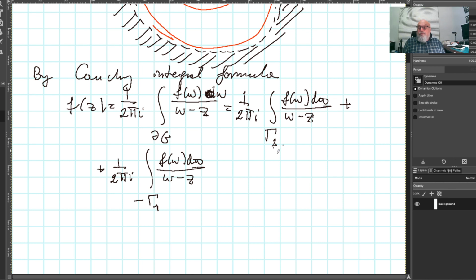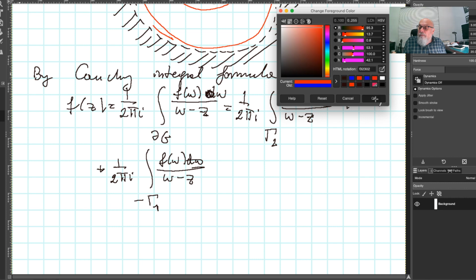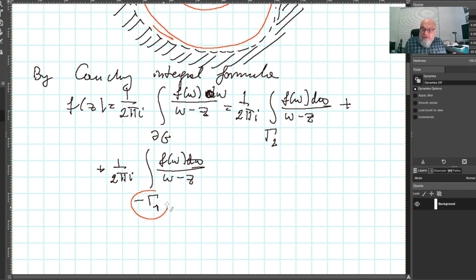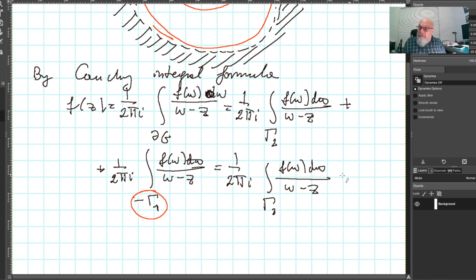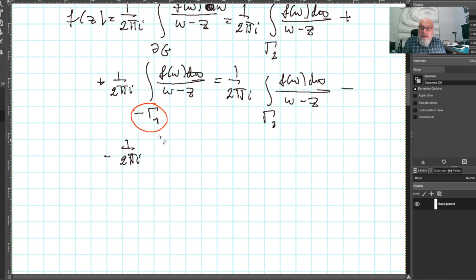Of course, the orientation here is changed, so I have to rewrite it again. Gamma 2 is unchanged, I just copy it, and this will be minus 1 over 2 pi i, integral over gamma 1 of f of w dw over w minus z.